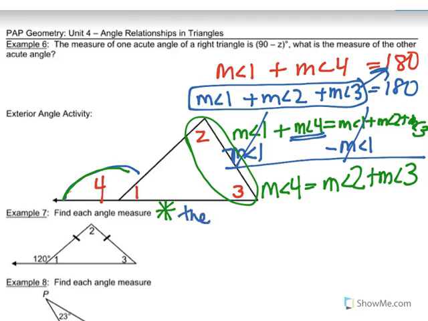The exterior angle of a triangle, now remember, exterior is one that's out here, it's been extended from the side.